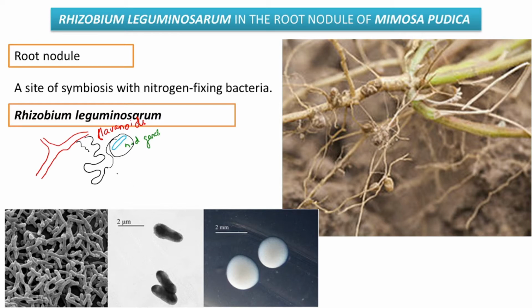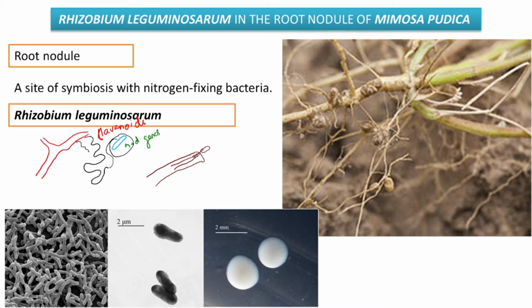And as we examine this root hair closely, suppose this is a part of root hair. A tube called infection tube is developed inside this root hair, and through this infection tube, that Rhizobium bacterium gains an entrance inside the root.